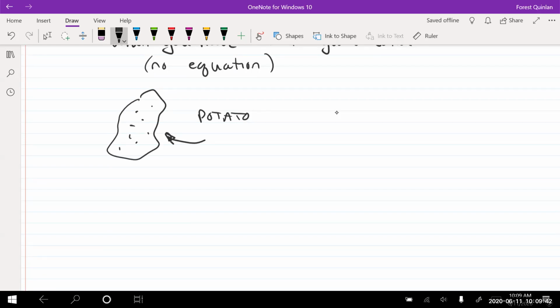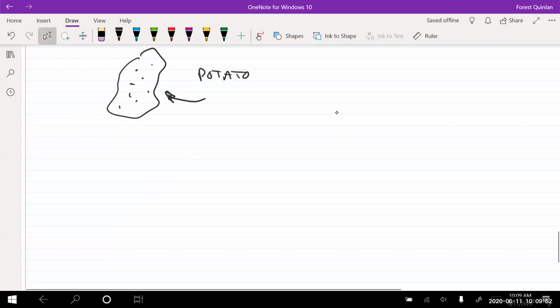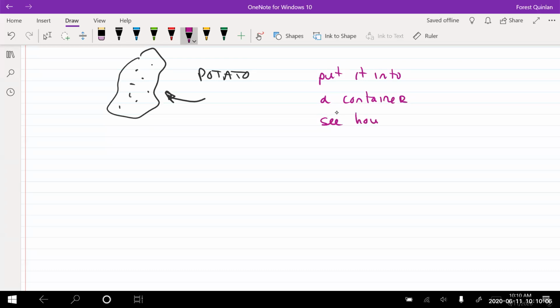Can we all agree on that? Yes. So the question is, how would I determine the volume of my potato? Basically what you do is put it into a container and see how much water it displaces.